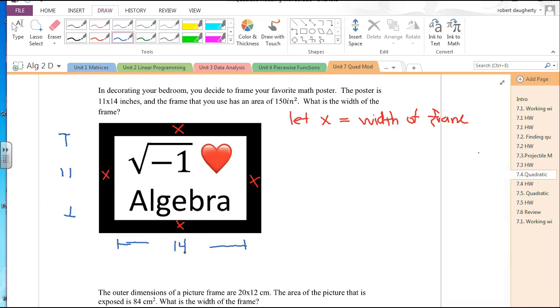So this is going to be x up here, and that's x. So the total length of that whole side is 11 plus 2x. This whole side here is 14 plus 2x.